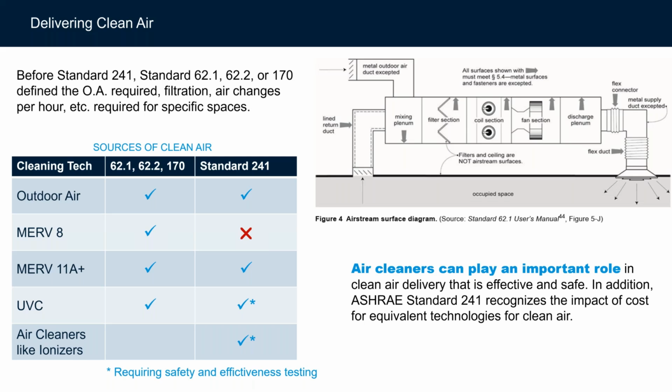For those of you who don't know what a MERV 11A is, the A is an additional test that the filter companies would have to provide that demonstrates the mechanical rating of that filter, meaning you remove the electrostatics on that filter and you just test the mechanical efficiency of that filter. And so they want a mechanically efficient filter of an 11 to meet that standard. That's the minimum rated filter for 241 that would meet ECA.